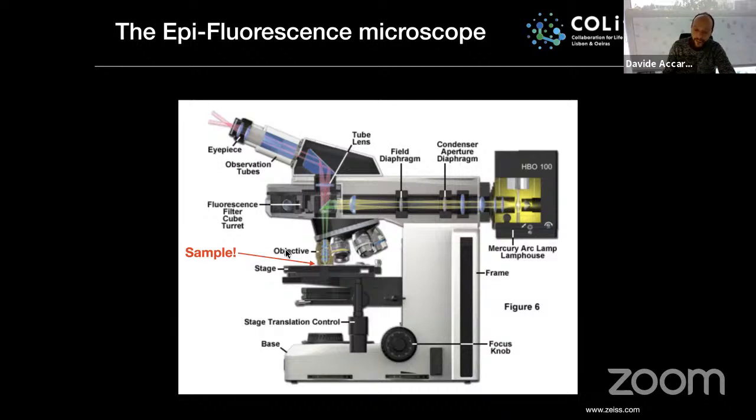The sample is an extremely important element of your optical system. From the sample preparation, not only the mounting and the staining, but also, for example, the choice of the coverslip, the quality of your images and the scientific information that you will retrieve might change.